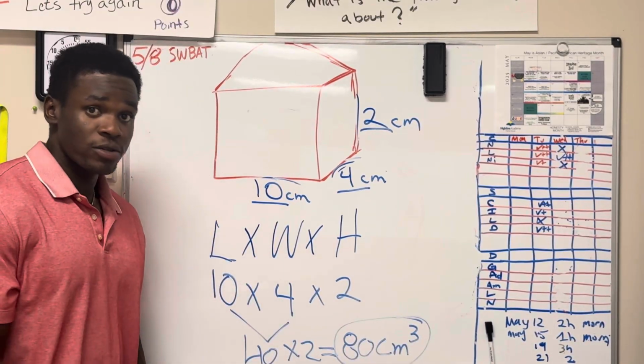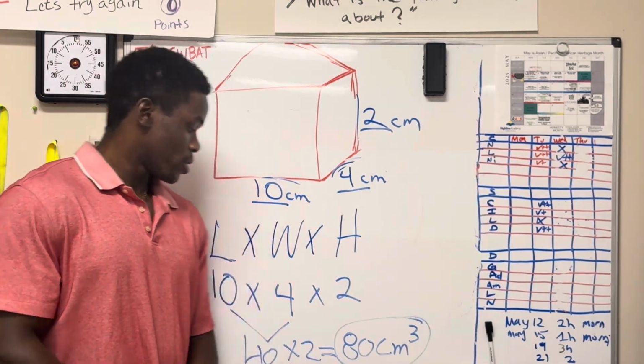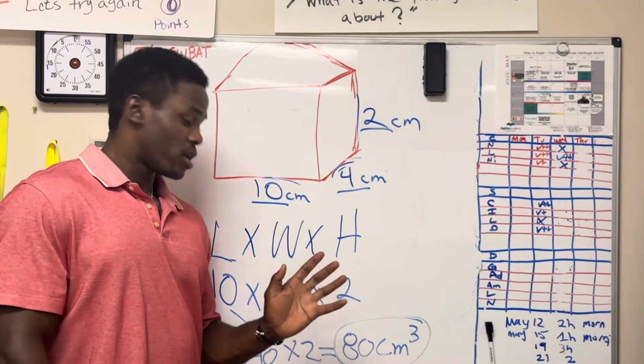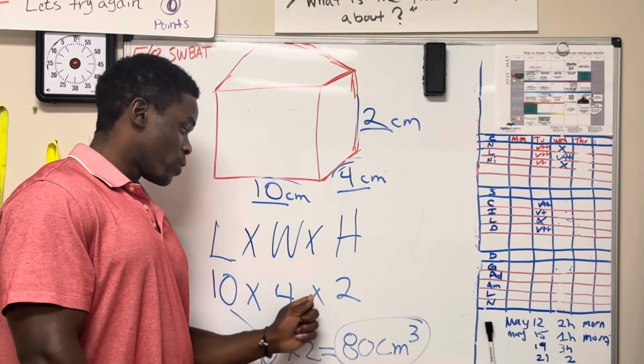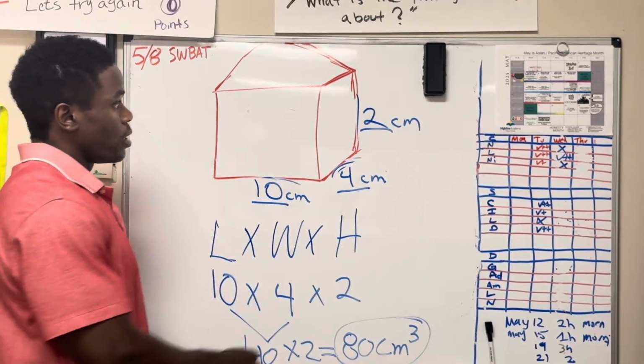So in this one, my answer should be 80 centimeters cubed, because I have to do 10 times 4, which would give me 40, and then 40 times 2 gives me 80 centimeters cubed. That is my answer.